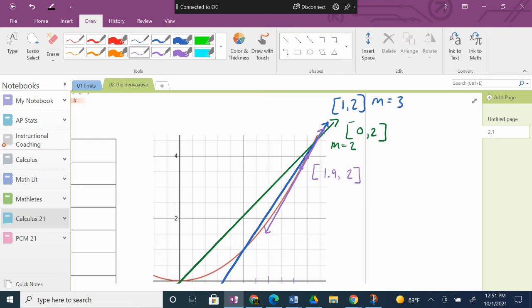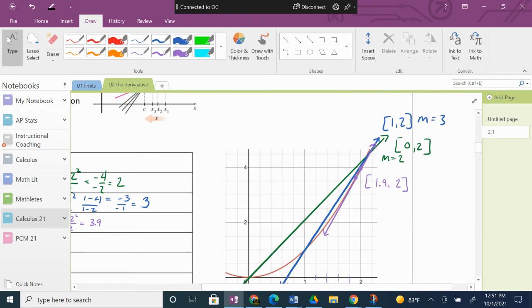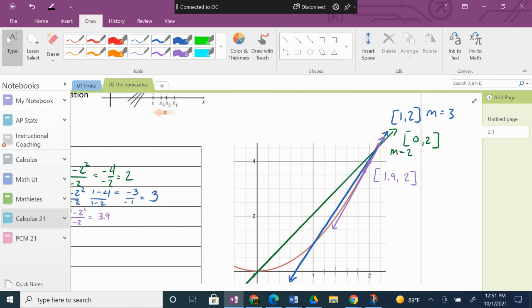So it's getting closer and closer to instant. And that was slope 3.9.